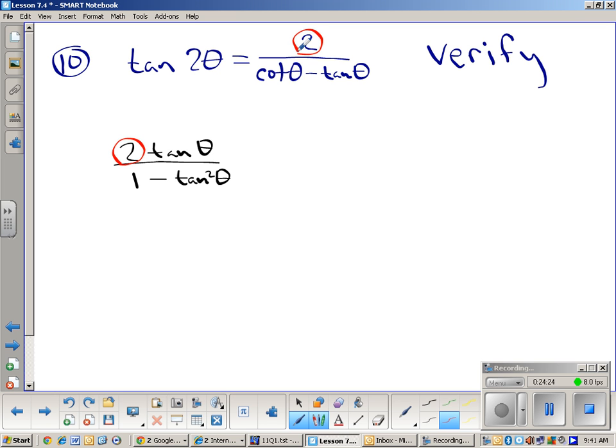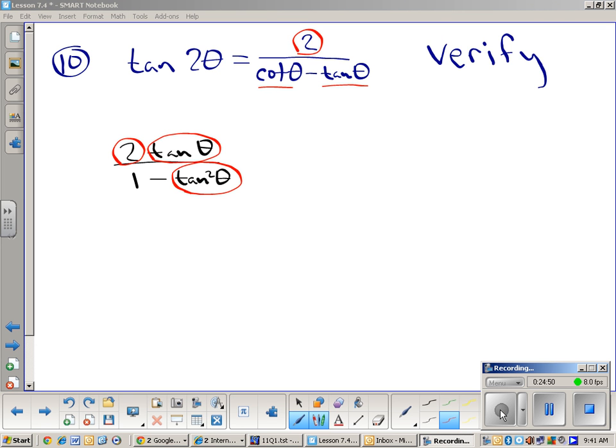But I wasn't seeing any connections there. I'm thinking, cosine over sine and sine over sine, and they're not looking really good. Then I looked at this and said, I have a tangent on top that I don't have there, and I have a tan squared here that I didn't have there.